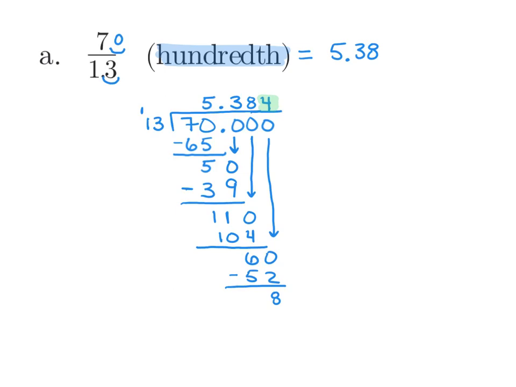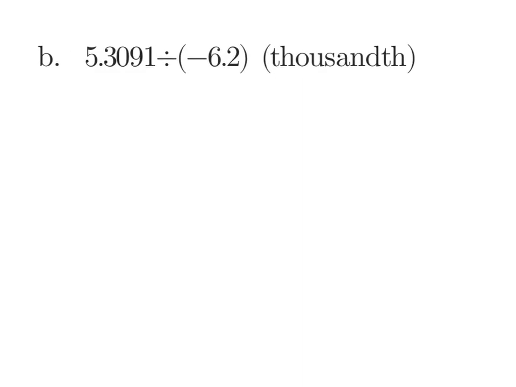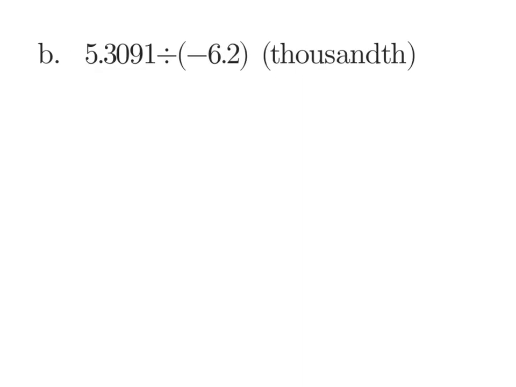All right. Last one. Let's try 5.3091 divided by negative 6.2. So first thing, we're going to move our decimal point one place to the right so that we have 62 outside.